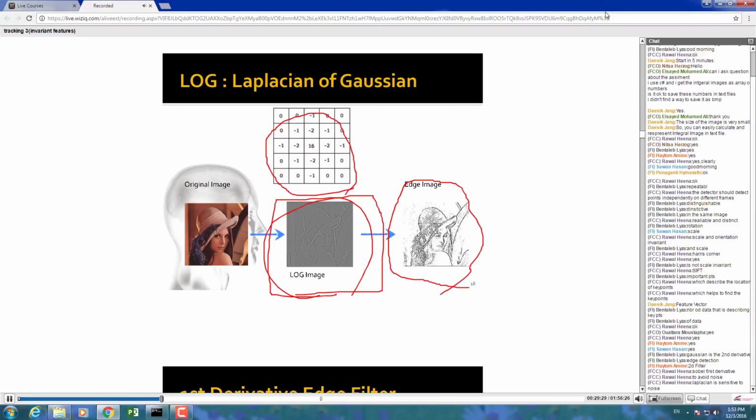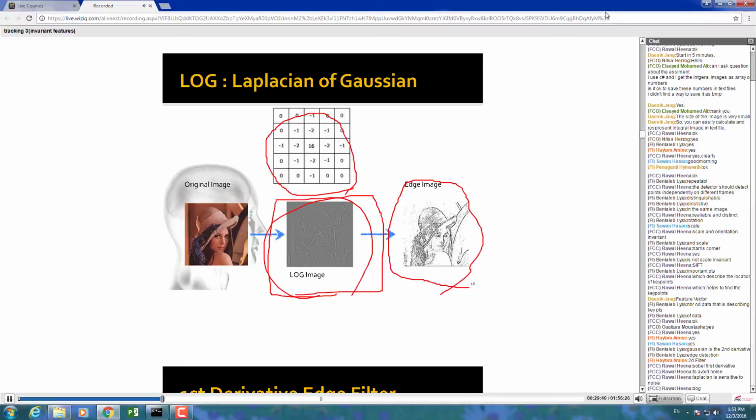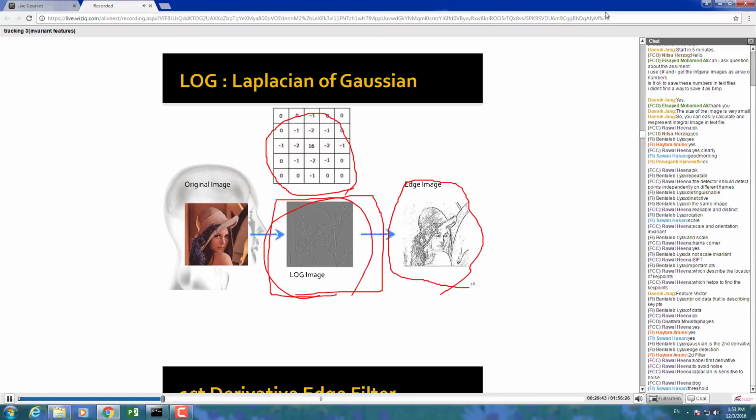Between the LOG image and the edge image, what is in between? What do we have to do to select edge points from LOG? Do you remember the process?